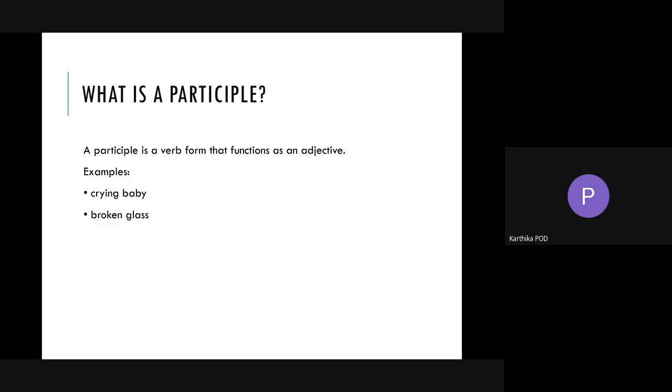Before I get into it, I want you to quickly understand the distinction between a regular verb and an irregular verb. Can someone unmute and explain the difference? Anyone knows what the difference between a regular verb and an irregular verb is?